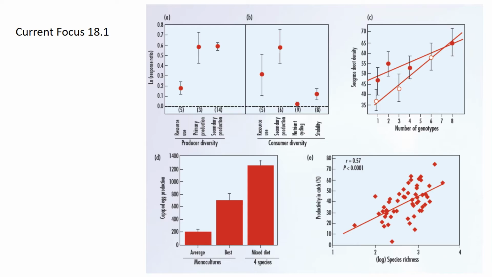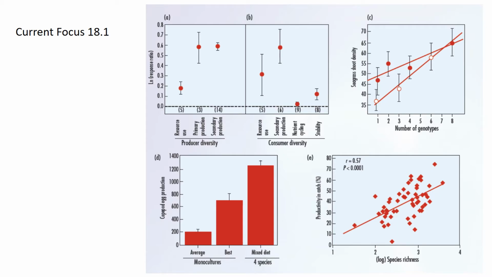Now, in panel A and B, what they've done here is presented the results of a meta-analysis of studies that have looked at the response of high diversity versus low diversity treatments, and they've measured the response in terms of the output of some ecosystem process such as production.